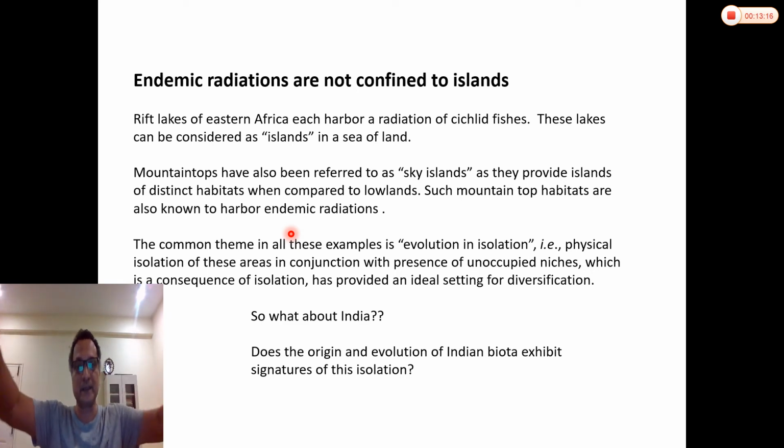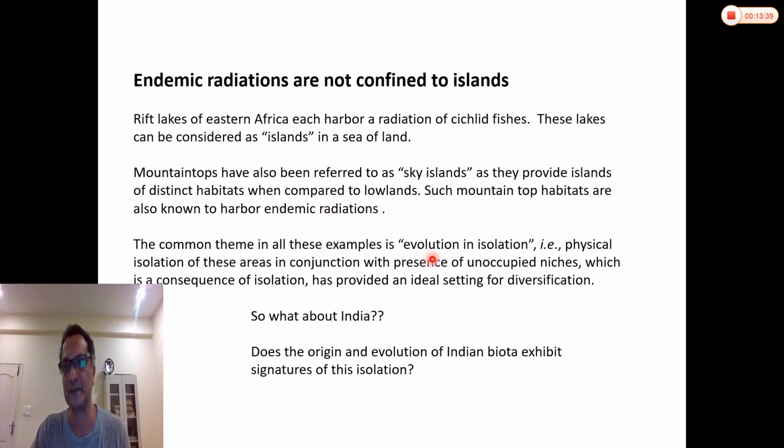You see this in the Tibetan plateau. So a lot of the Chinese work has shown that, on the Tibetan plateau, you have many radiations of plants and animals.